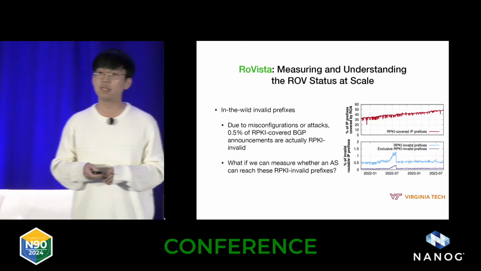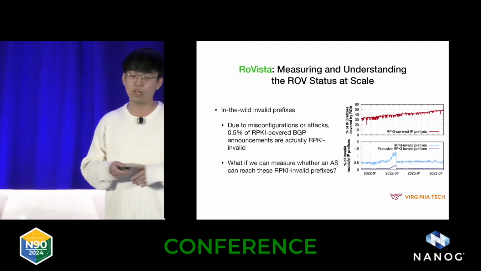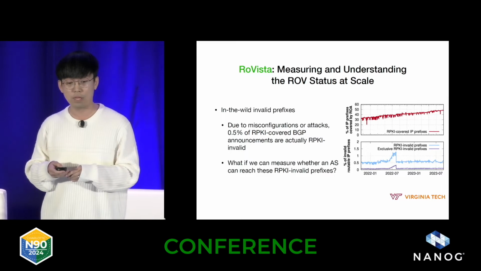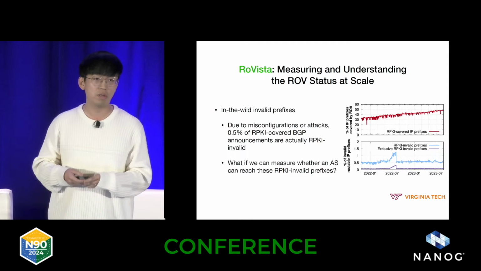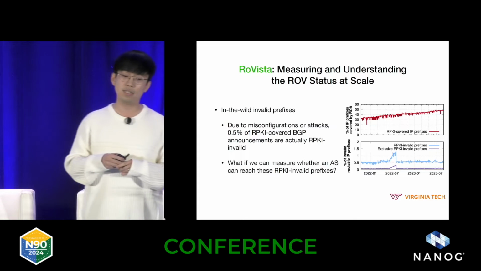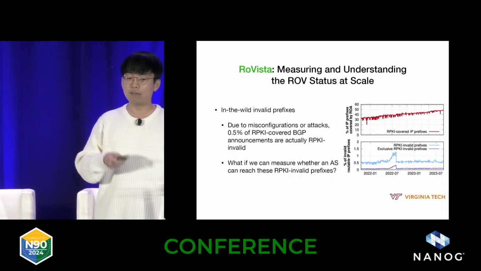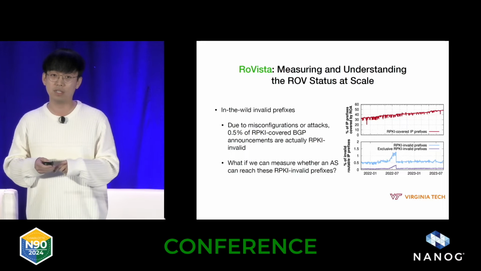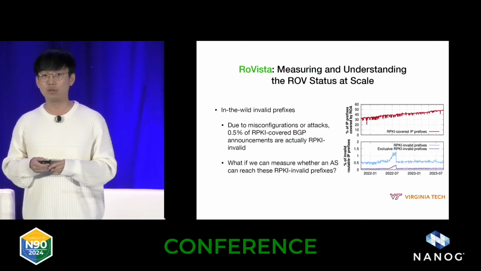However, there are still about 0.5% of RPKI-covered BGP prefix announcements that are actually RPKI-invalid. It is because of attackers or some misconfigurations. So our idea is, what if we can measure whether an AS cannot reach only these RPKI-invalid prefixes? Then it might indicate that the AS does some ROV.